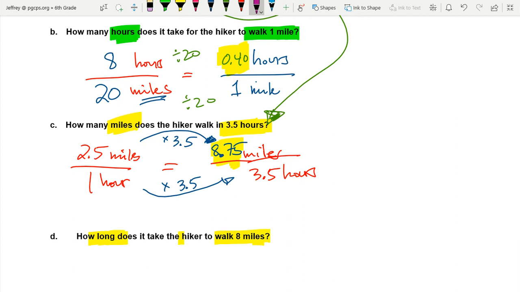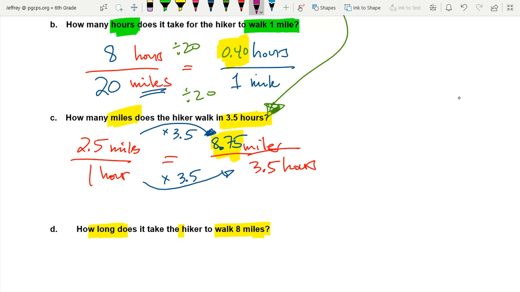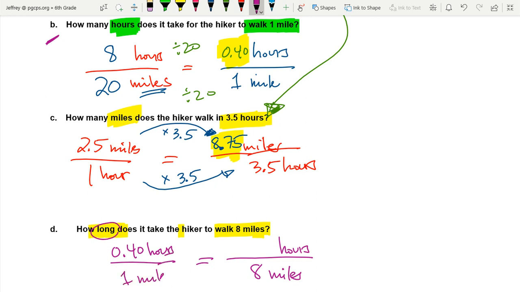So your numerator would be the time in hours because it says how long does it take the hiker to walk 8 miles. From the information at the top, which one should we use? Yep, we should use the letter B answer, which is 0.40 hours in 1 mile.